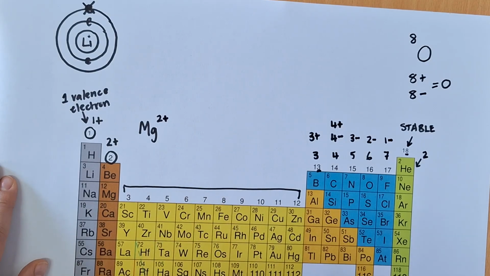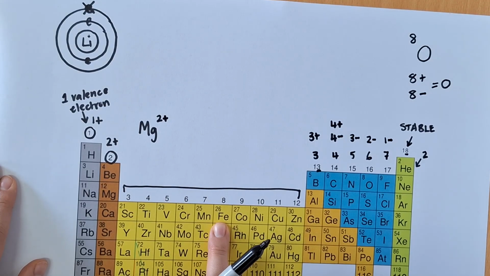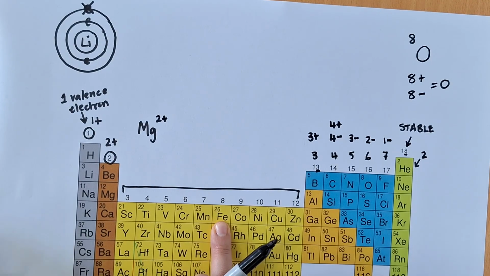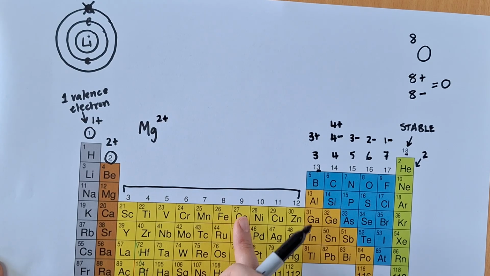So these transition metals will form positive ions, but they can actually form various ions. Iron, for example, can form 2 positive ions or 3 positive ions or 1 positive ions. So the only way to know which one you're dealing with is that when the element symbol is written, we actually write in Roman numerals afterwards the charge of that ion.